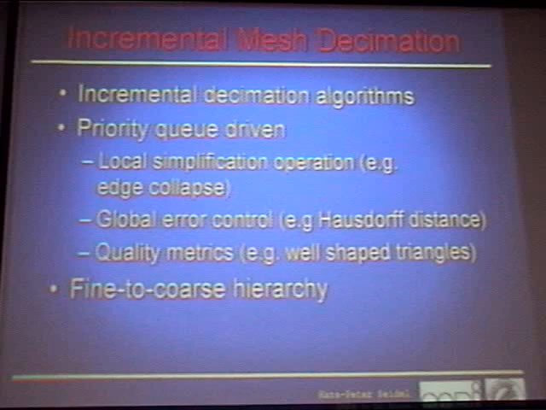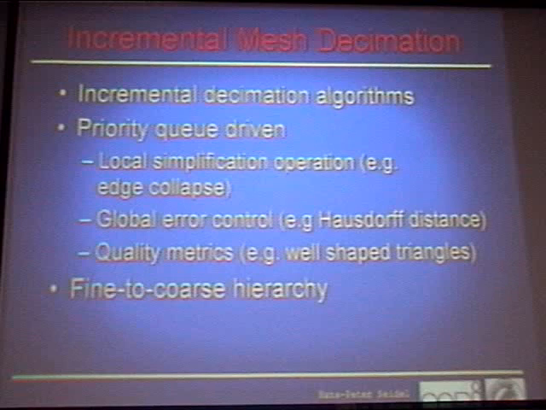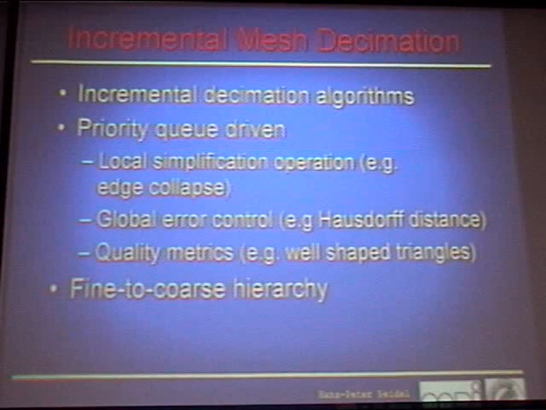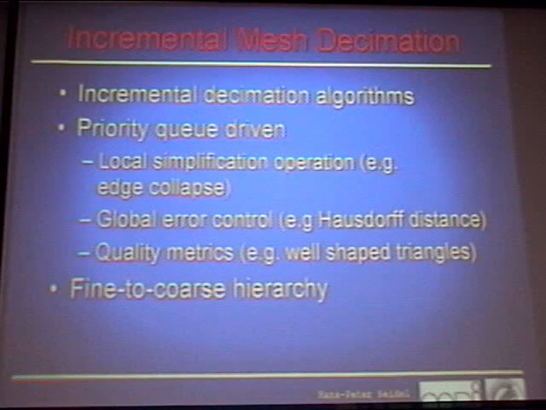We also would like these algorithms to be incremental, so that we don't have just a sequence of approximations, but more or less a continuum of approximations, and that we're able to display the object in arbitrary resolution depending on the capabilities of our graphics hardware.